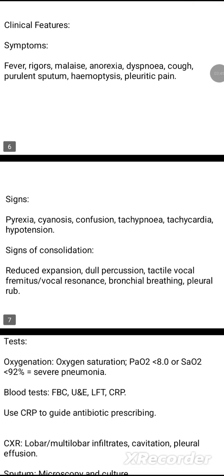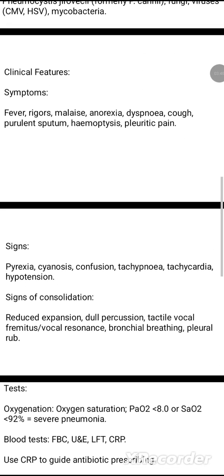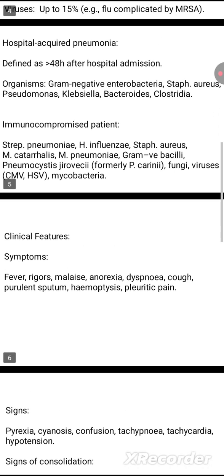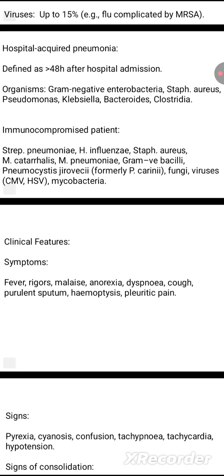So I've talked about the hospital-acquired pneumonia. A patient admitted to hospital who feels the symptoms 48 hours after hospital admission is said to have hospital-acquired pneumonia, and the organisms responsible are the gram-negative enterobacteriaceae, Staph aureus, Pseudomonas, Klebsiella, Bacteroides, Clostridia.